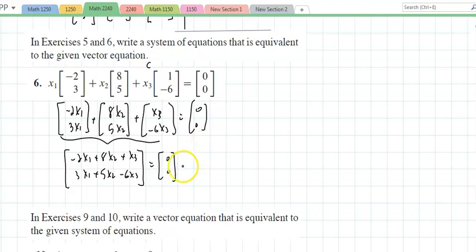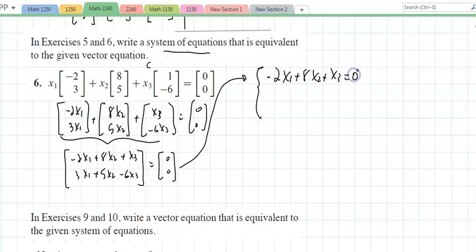And we can write a system of equations equivalent to this. Wouldn't that mean -2x1 plus 8x2 plus x3 equals 0, and 3x1 plus 5x2 minus 6x3 equals 0?